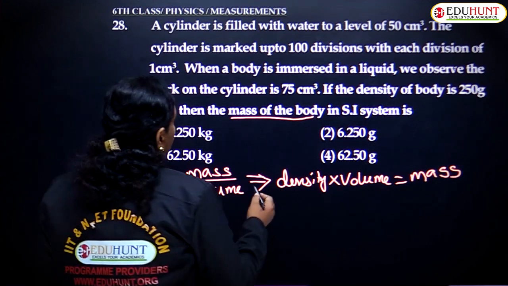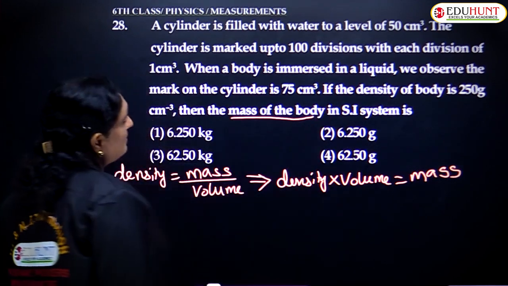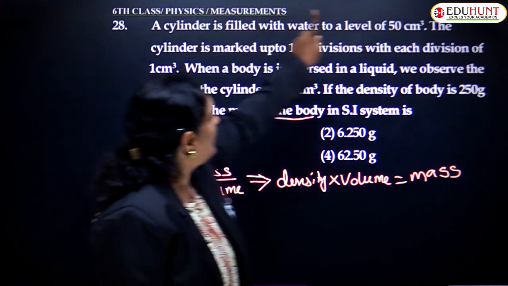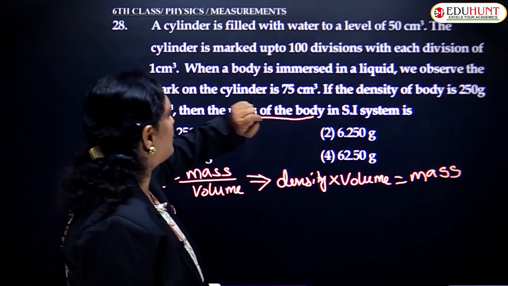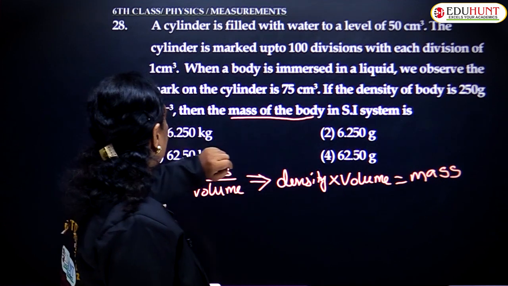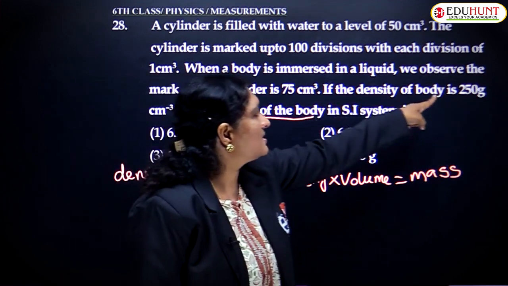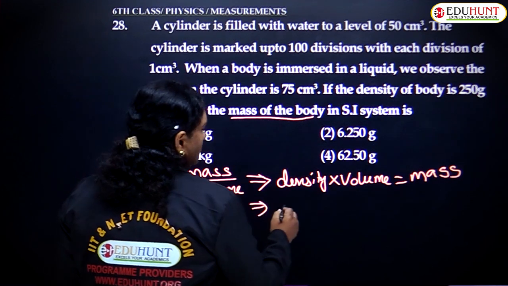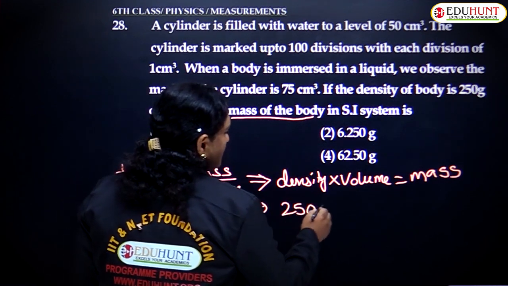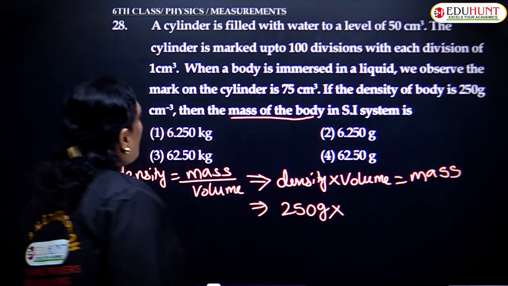Is the density given, children? Level is given, 100 divisions is given, cylinder level 75 is given. What else is given? The density of the body is given to be 250 grams per centimeter cube.